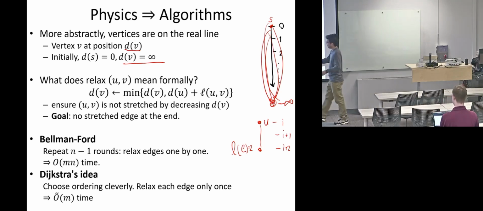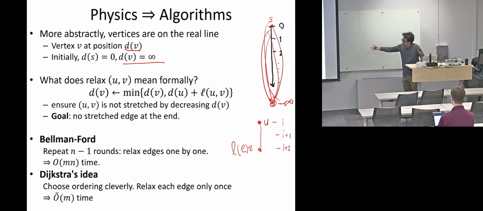And because every edge is relaxed once, the running time is basically linear. When I use the tilde here, I hide some log factor. It means maybe there is a log n here. I will use this notation, or polylog, log squared or something. Okay, good. So that's the intuition of Dijkstra.